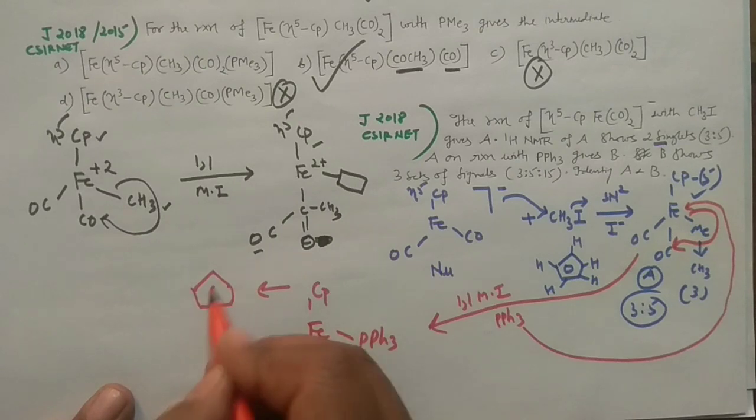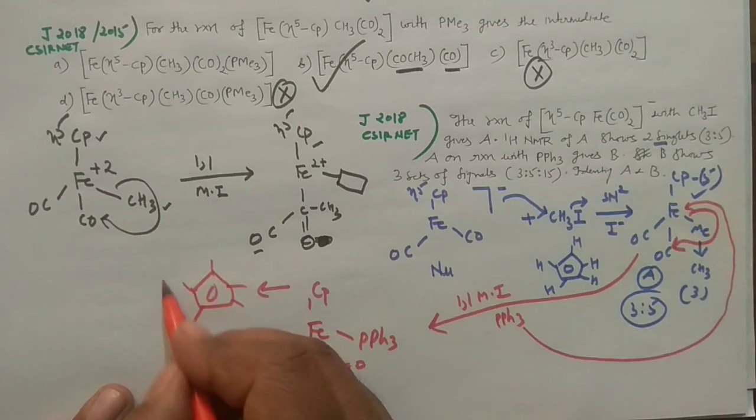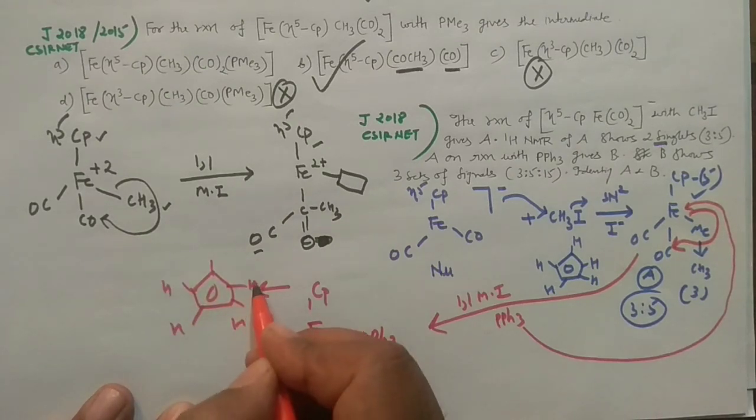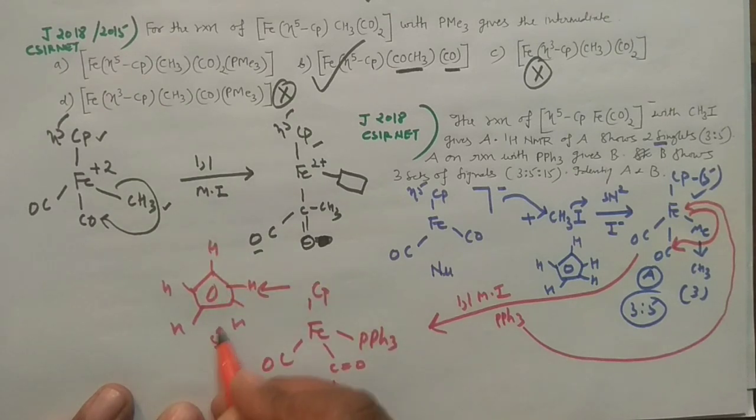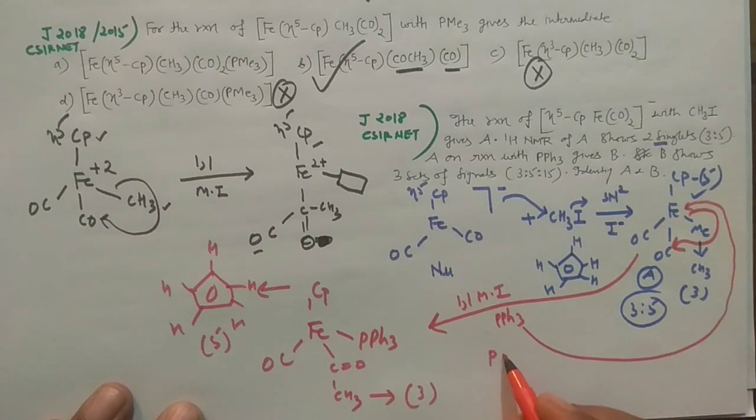Now you are having this Cp, that means 5 protons are there, so the intensity would be 5, one signal for this one. And then you are having this CH3, one signal for this one, intensity would be 3. And then the PPh3, you know, phosphorus is bonded with this.